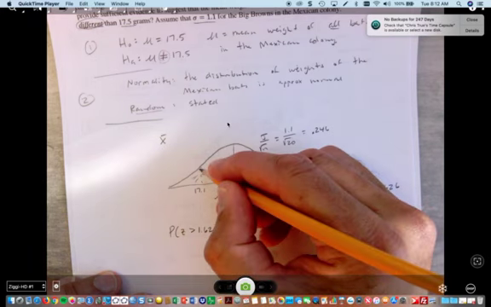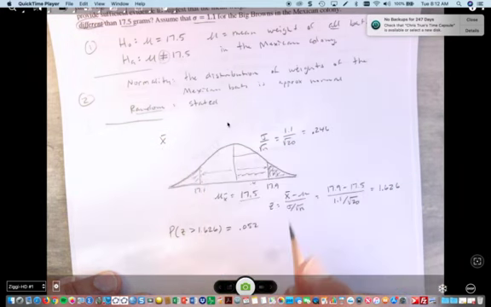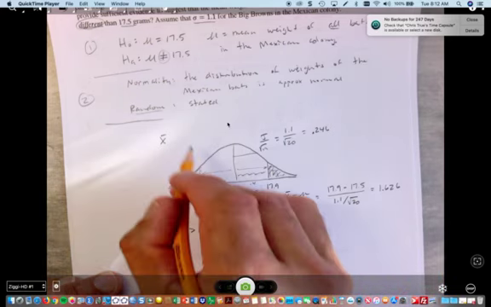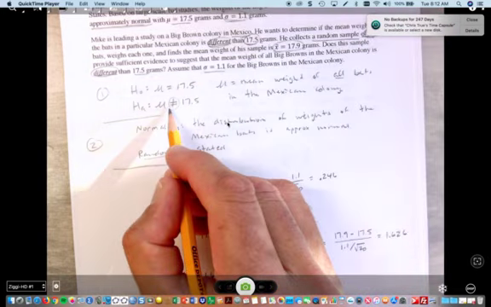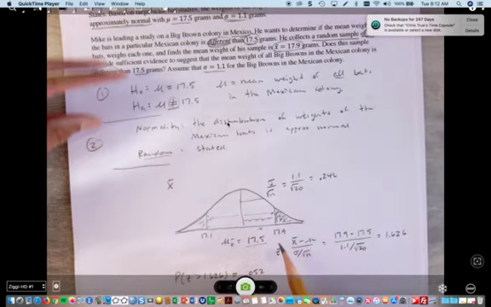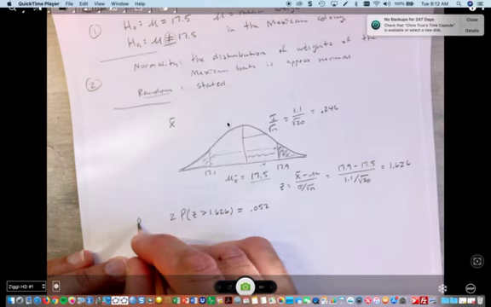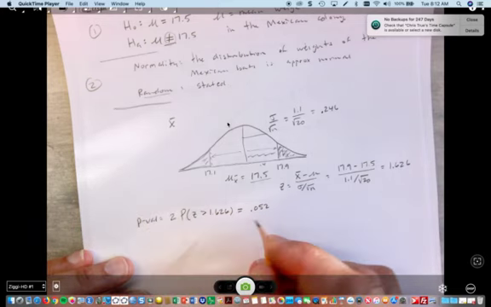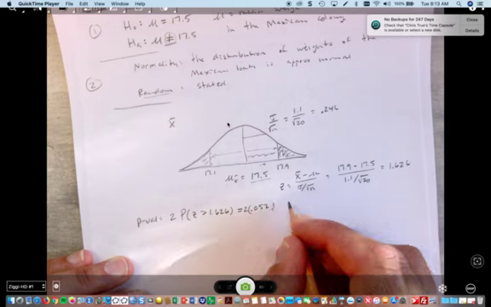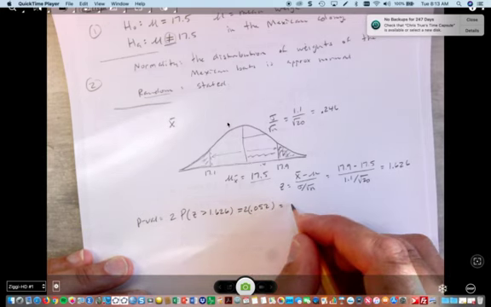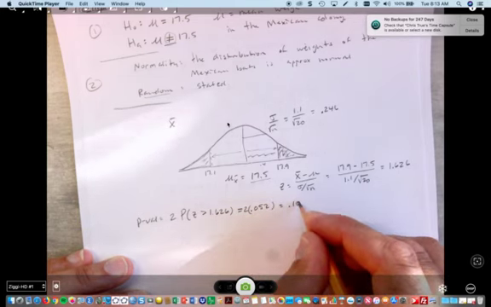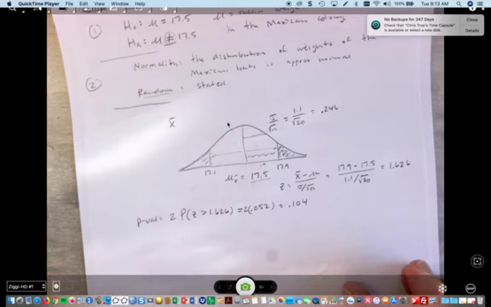The probability over here is also 0.052, or 5.2%. All right, so when we do this it's called a two-tailed test. We calculate the probability of being in one tail, and then we double it. Okay, so the p-value is equal to 2 times this, which gives me a p-value of 10.4%.